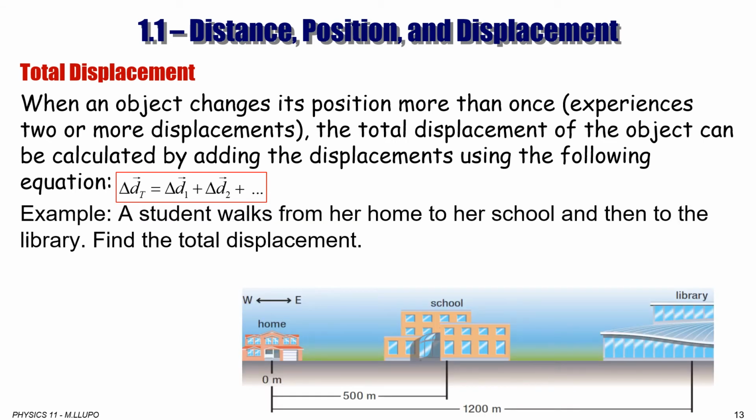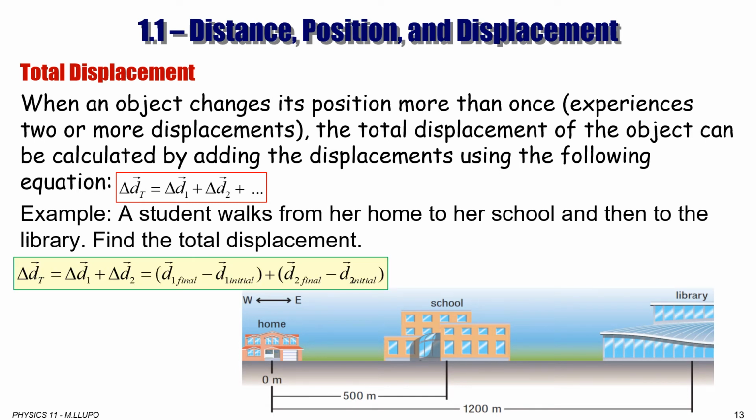Here's an example. A student walks from her home to her school and then to the library. Find the total displacement. So we have two displacements, and we can calculate the displacement for each individual trip.